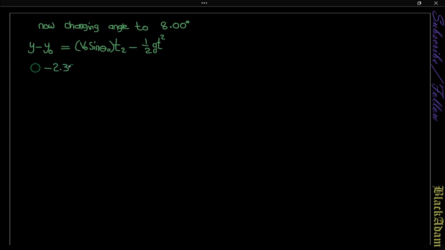So that's 0 minus again 2.30 meters, is going to be initial speed. It doesn't change, it's the same speed, 20.0 meters per second, and our sine is sine of 8 degrees, multiplied by t2, minus a half gravitational acceleration times t2 squared.